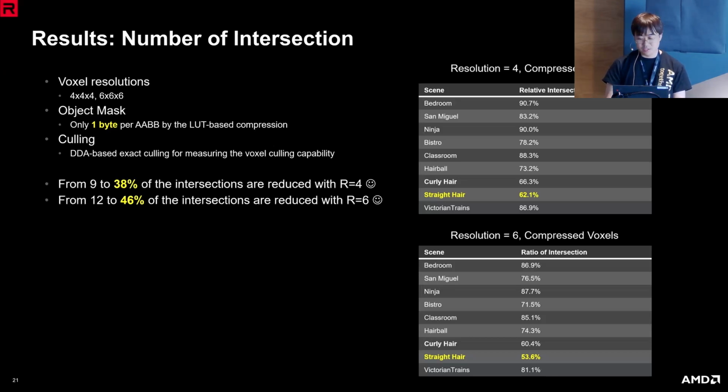As a summary of the table, from 9 to 38% of the intersections are reduced in the 4x4x4 resolution case, and from 12 to 46% of the intersections are reduced in the 6x6x6 resolution case.